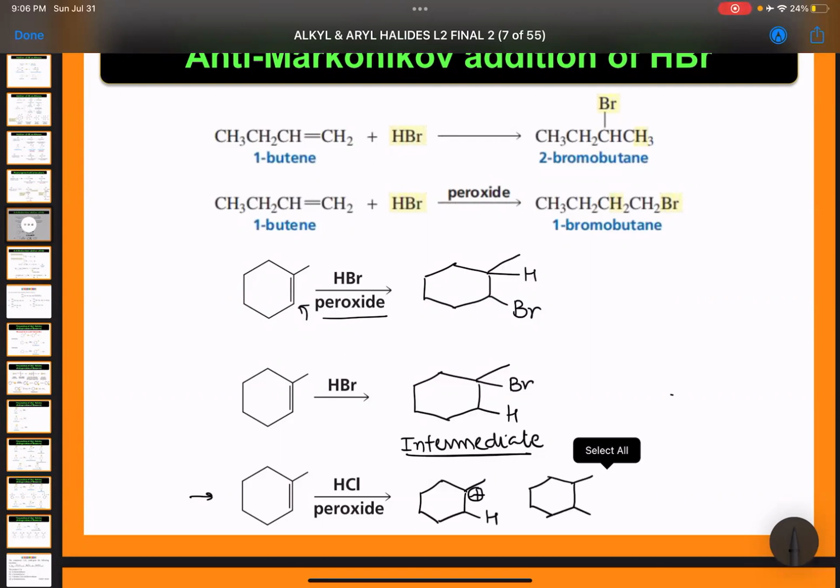Or is it going to be this one? Or is it H and BR? Yeah, no, in the third question, in this one, what is the intermediate?